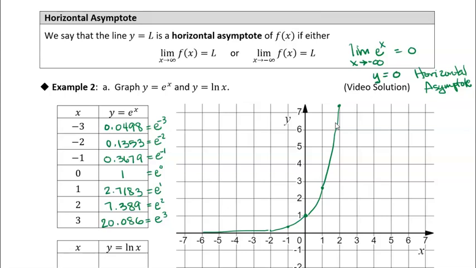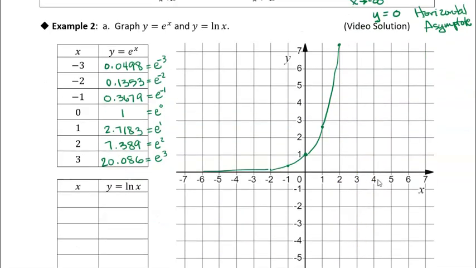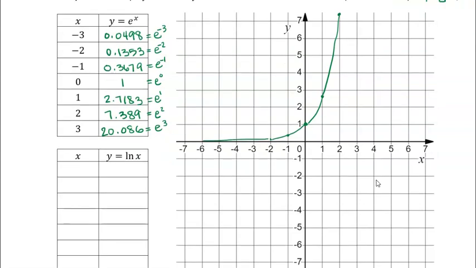Now, on the same graph, we want to look at the natural log of x. Remember that the natural log is the inverse of e to the x. Knowing that, I'm going to take a little bit of a shortcut when I calculate these values, because if e to the minus 3 is 0.0498, then essentially, with an inverse, we're just swapping the input and the output.